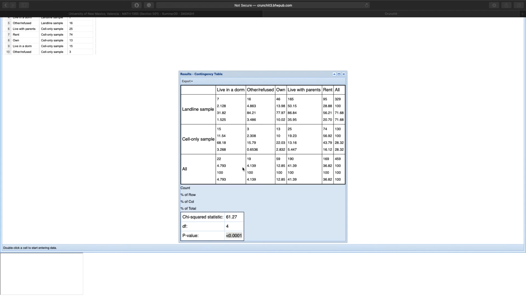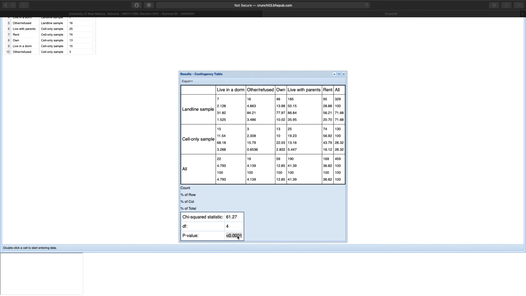So if we know the p-value is very small, we can reject the null hypothesis. And you should remember what the null hypothesis was. The null hypothesis says there is no relationship between these two categorical variables.